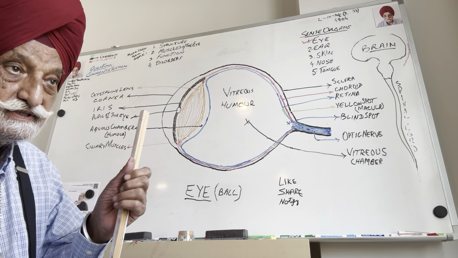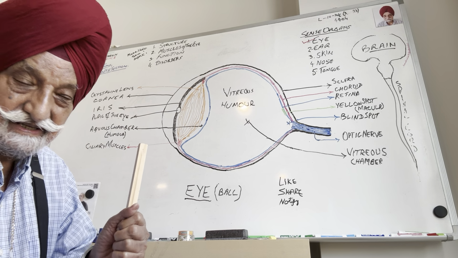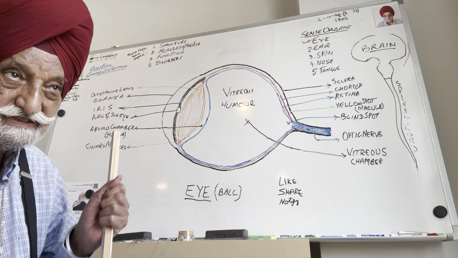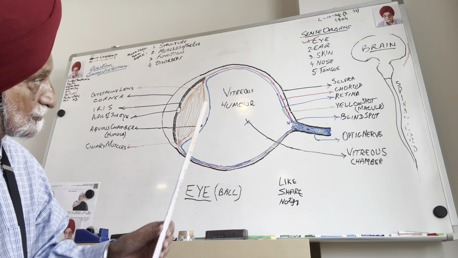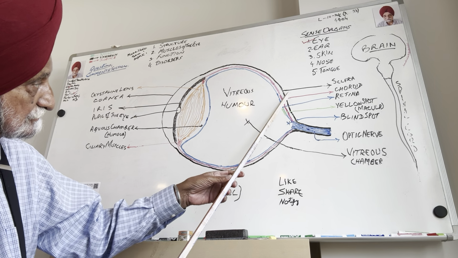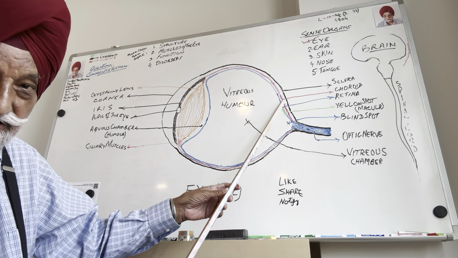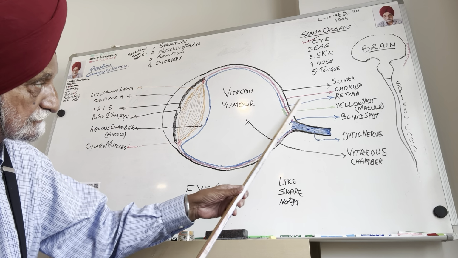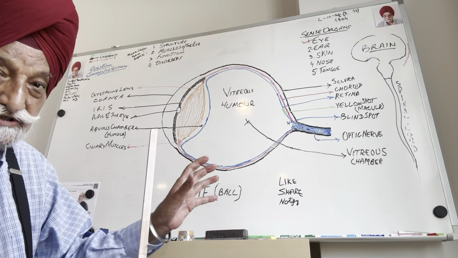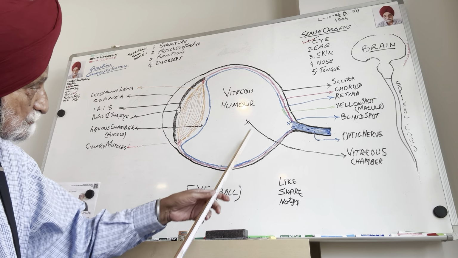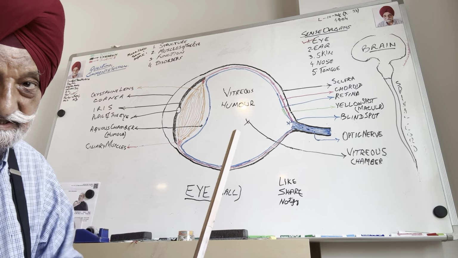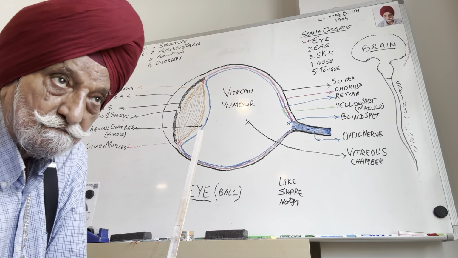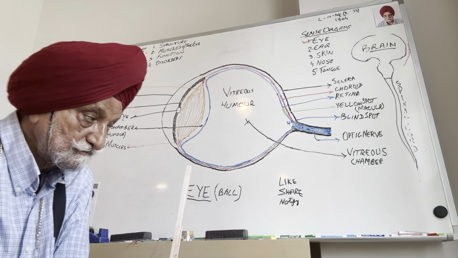Now this ball, I mean the eye, has 3 layers. The outer one is called the sclera, the middle one is called the choroid, and the inner one is called the retina. Those 3 layers, and then there's an empty space inside, as there is also in a ball.